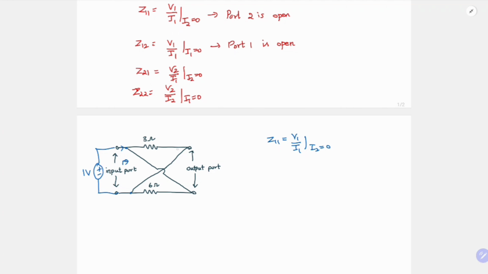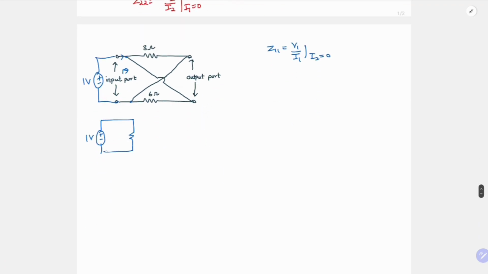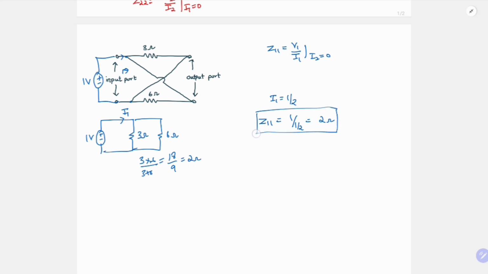Between these two there is a 3 ohm and also a 6 ohm, and they are in parallel. So this is the equivalent circuit and this will be your I1. This is 3 into 6 by 3 plus 6, which is 18 by 9, so effectively 2 ohms. So I1 is nothing but 1 by 2. So Z11 is 1 by 1 by 2, which is equal to 2 ohms. So this is your Z11.